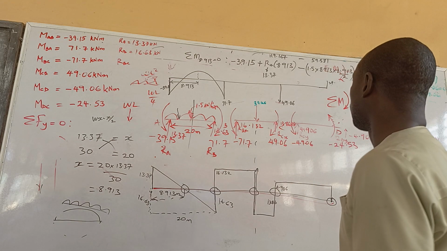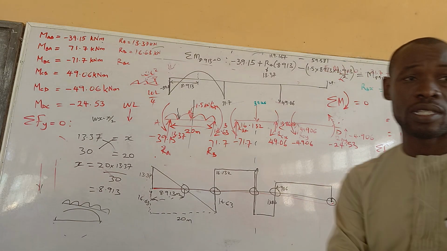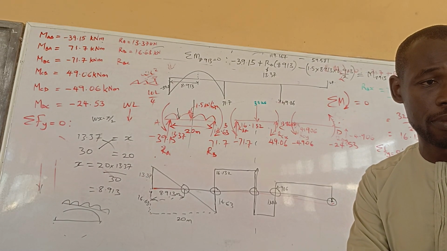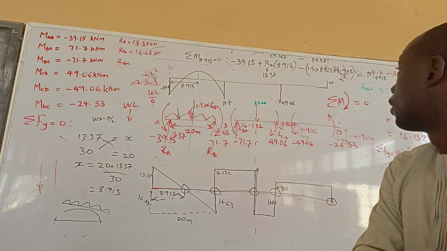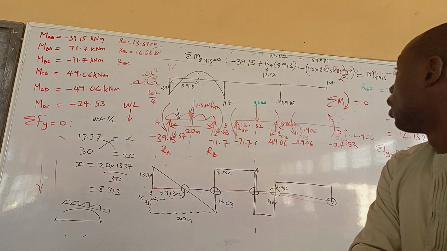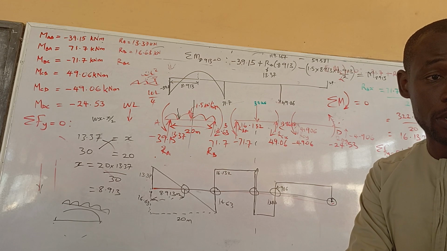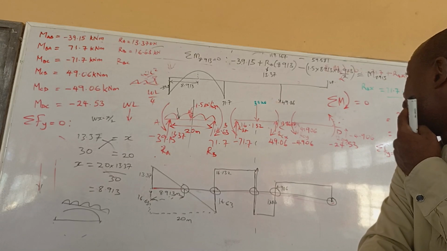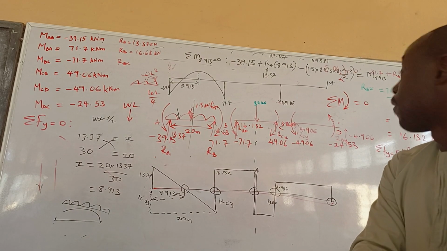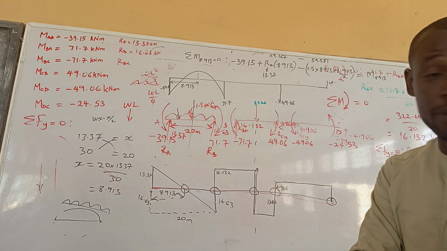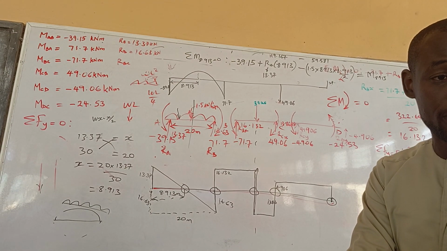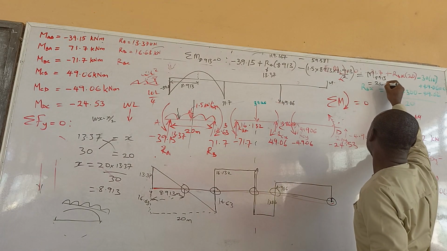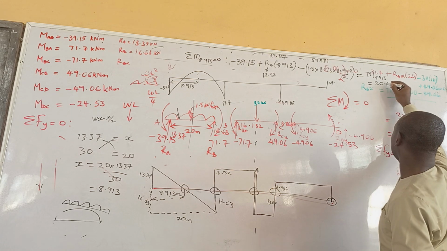Now, let us sum it. Let's see what we have. I have minus 39.15 plus 119.167 minus 59.581, which gives 20.436.